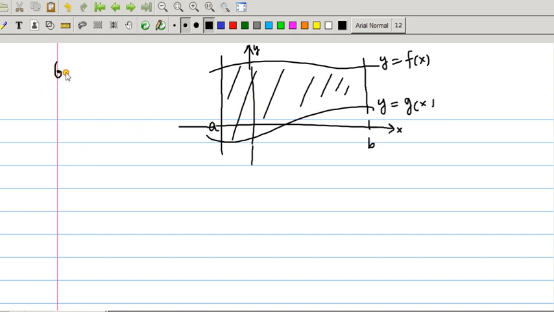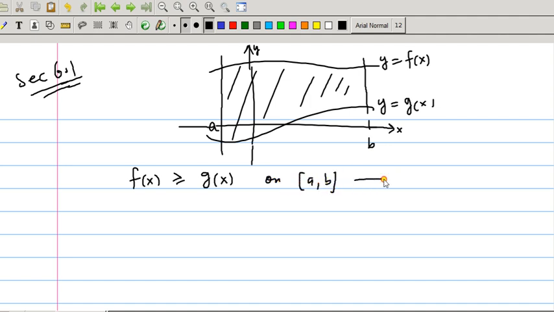So here the conditions are, your f(x) should be greater than g(x), meaning f(x) lies above g(x) throughout the whole interval a to b.